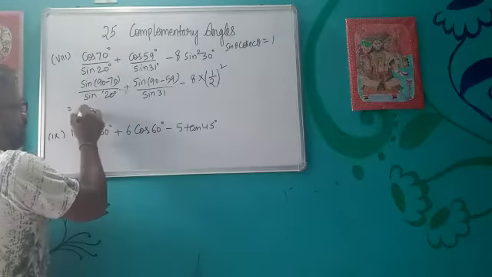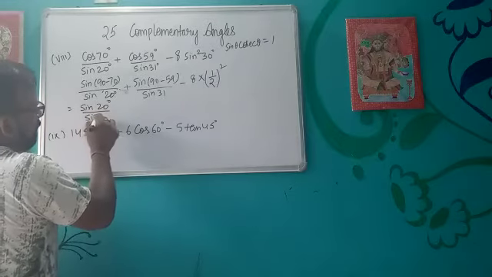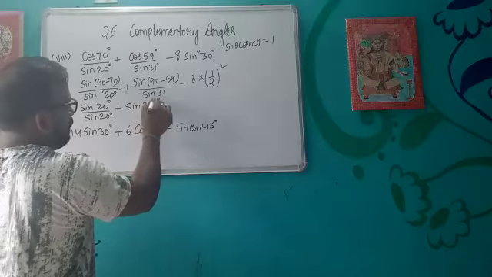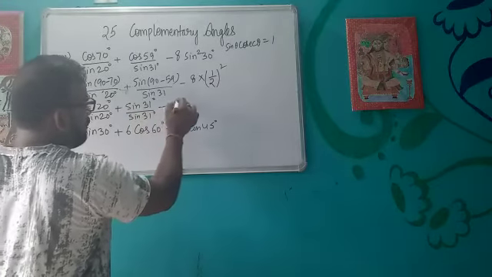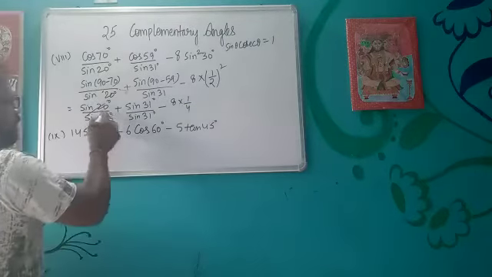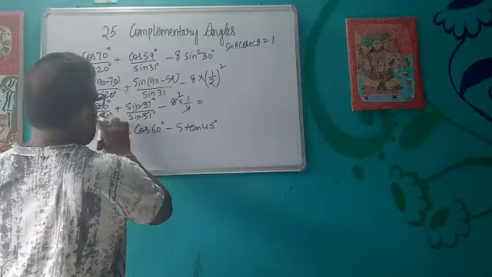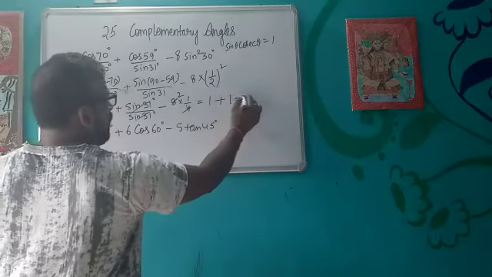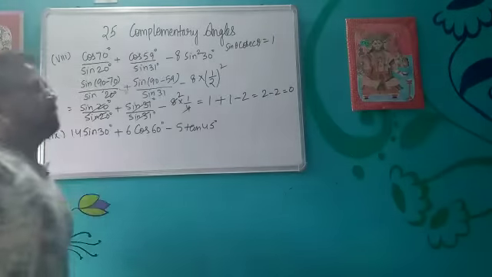So what you will get? Sine 20 degree upon sine 20 degree plus sine 31 degree upon sine 31 degree minus 8 into 1 by 4. So when you cancel, it becomes 2. This is 1, again this quantity is 1, minus 2. So it is 2 minus 2 equals 0.